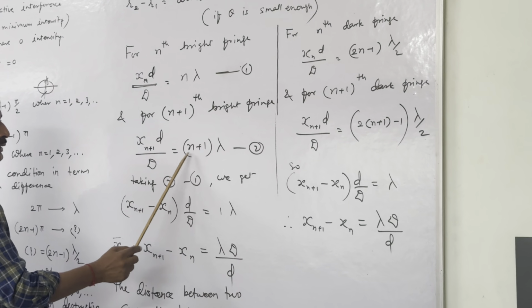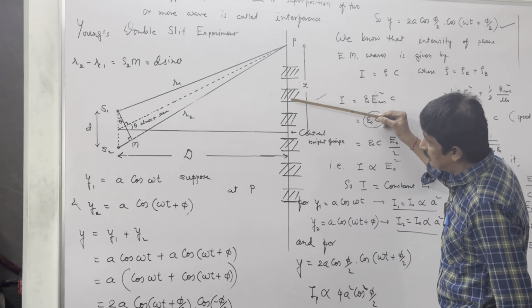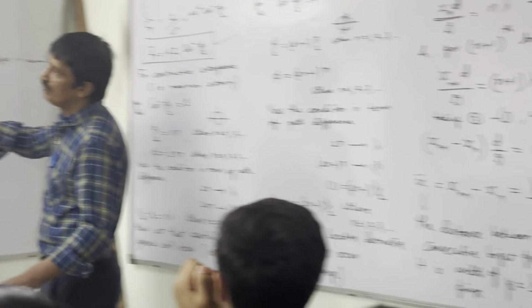This distance is also called the width of the fringe, because here the intensity of light is maximum, gradually it becomes 0 at this midpoint, and then further increases to maximum. So the distance between two bright fringes is called the fringe width.